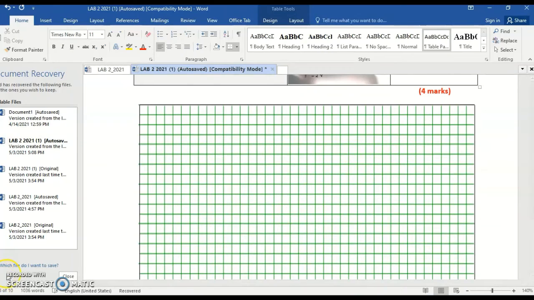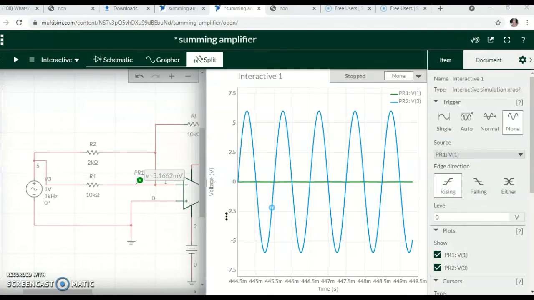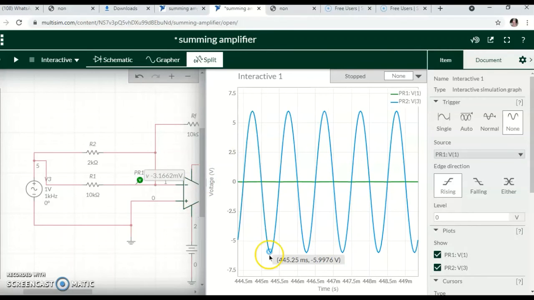Then go to the second circuit, where I change R2 to 2 kilo ohm. So I get negative 5.997 volt. When I calculate the value, I get negative 6 volt.